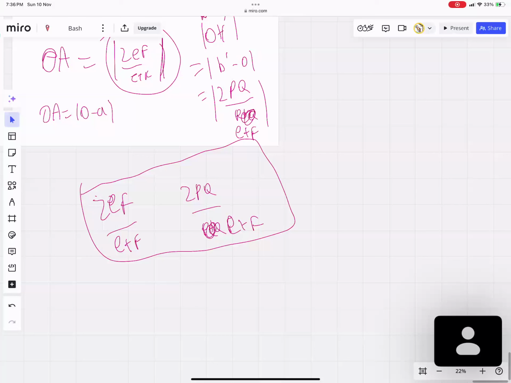Exactly. E, F, P, Q all lie on the unit circle. So EF has magnitude 1, PQ has magnitude 1.